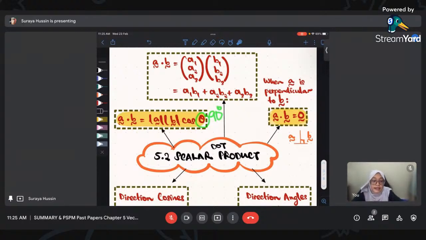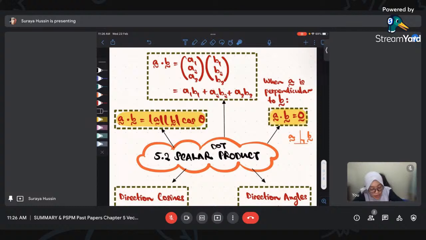The theta is 90 degree. Cuba tekan calculator. Cos 90 degree berapa? Kalau tak nak tekan calculator, lukis. What is the value of cos 90 degree? Everybody, tell me now. Use your calculator.